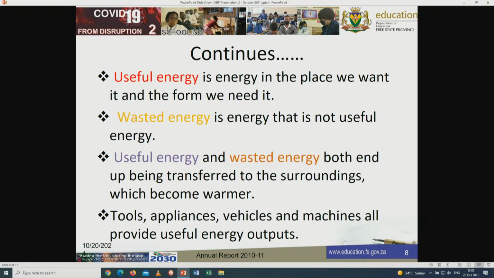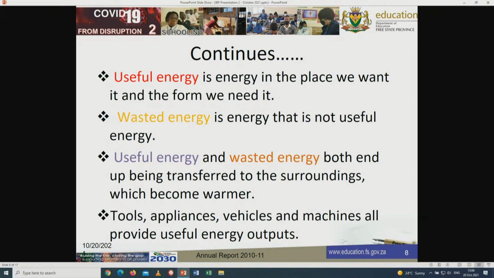But vice versa, that energy becomes wasted energy. And once it is a wasted energy, it is released to the environment. That's what I'm saying. Useful energy, we use it the correct way. Stored at the right place, in a correct form. Then we'll get what we want.